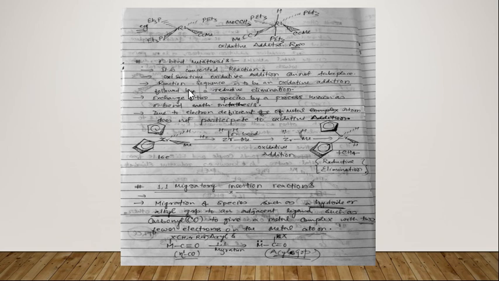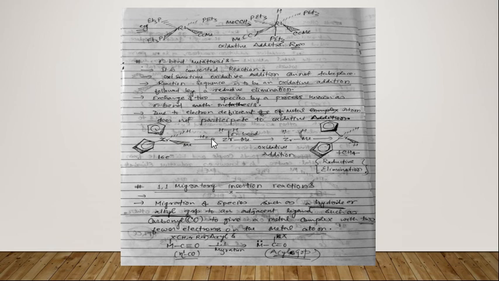So this reaction sequence is oxidative addition followed by reductive elimination, and it is very important. Also an example is WC. This is due to the electron deficiency of the metal atoms, which do not participate in oxidative addition. So these are the examples.